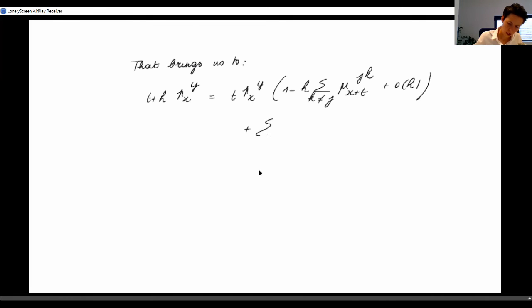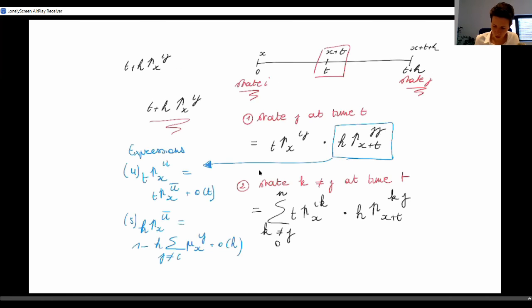And then I had the sum, again for k different from j, of t p_x^ik multiplied with h multiplied with mu_{x+t}^kj plus little o of h. So what did I do here? I recycled the expression that I had over here, but I replaced this with my expression derived over here, and here I replaced this with what I've been using earlier on.